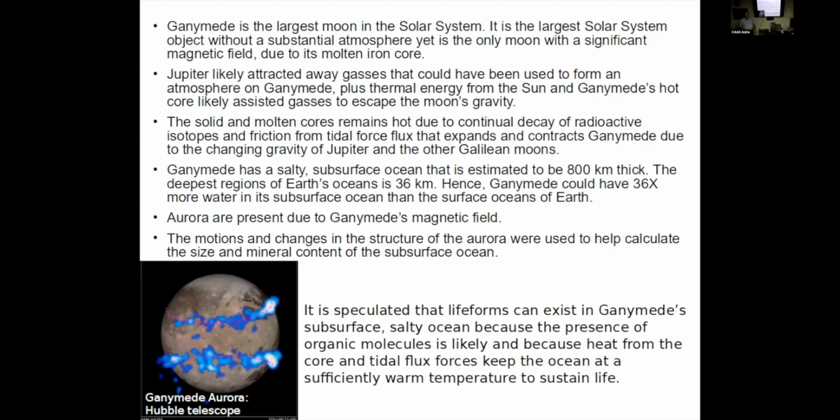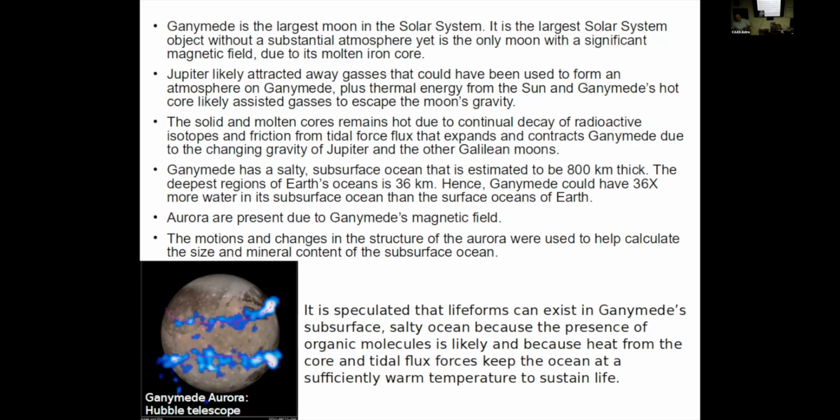This is just for people who want to get my presentation and read it. But it is an interesting one because it has a magnetic field. It has its own aurora. And there's an image down there showing the aurora as it was taken by one of the spaceships and also from Hubble. So you can actually see these from Earth or from our space telescopes.